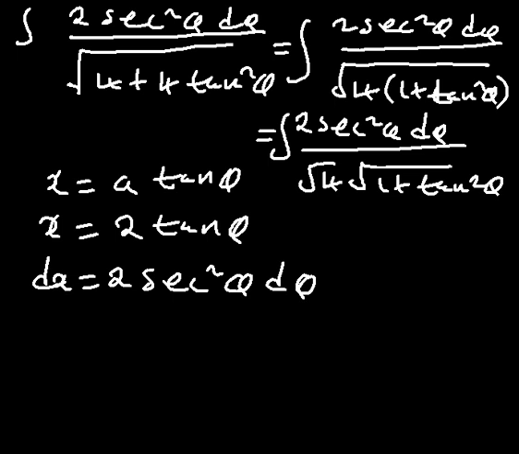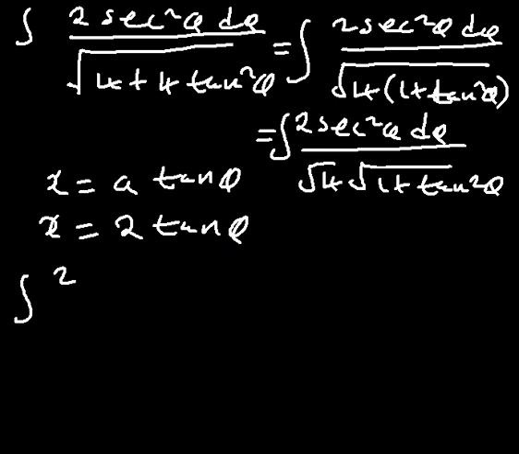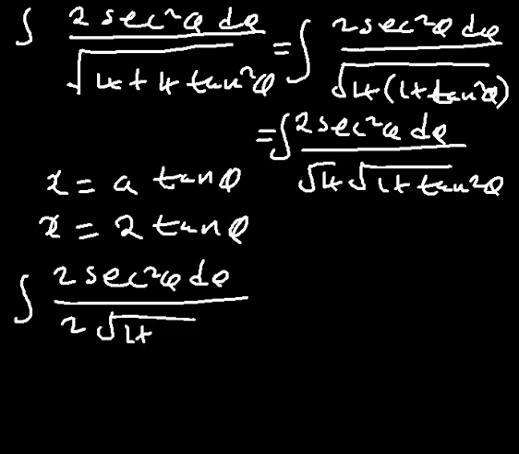Therefore we have the integral of 2 sec square theta d theta divided by 2 times the square root of 1 plus tan square theta.